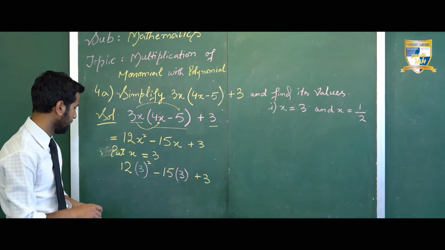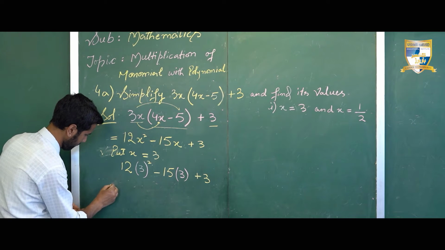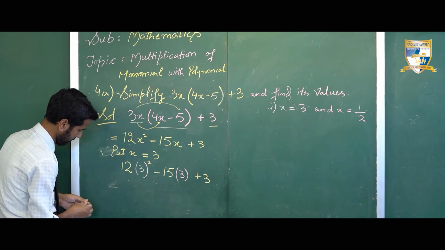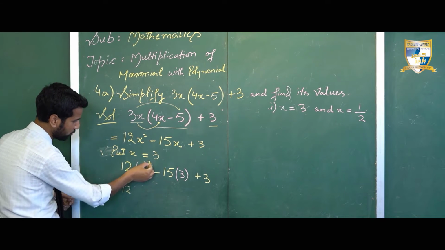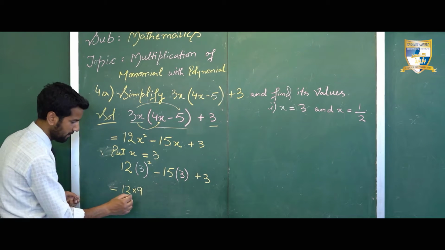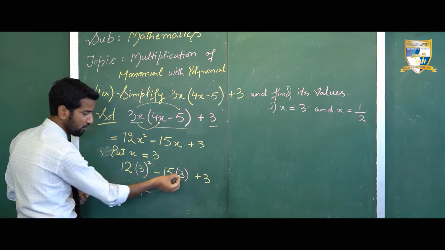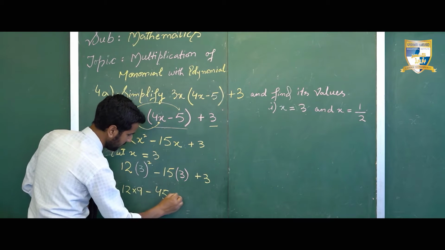Now, 3 square we all know is equal to 9, so 12 into 9 minus 15 into 3, which is 45, and then plus 3.